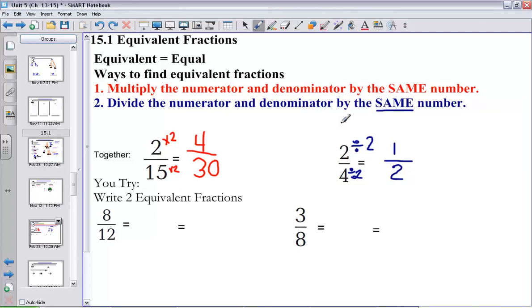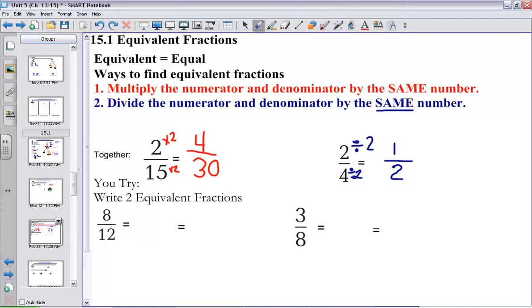If I divide my top and bottom number by the same one, I have to have a common factor that can be divided. When I multiply, I can pick whatever number I want to, but whatever I do to the top, I have to do to the bottom. Alright, now let's do the you try example.